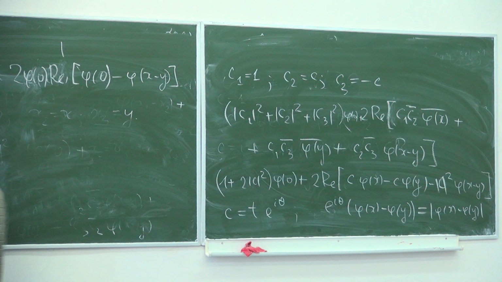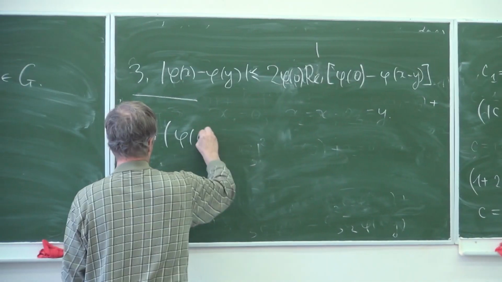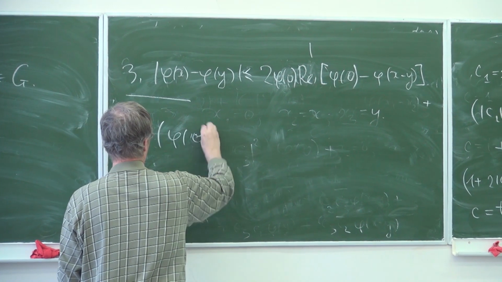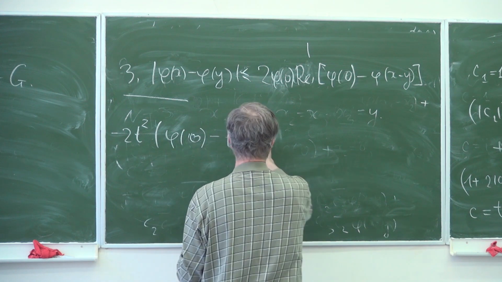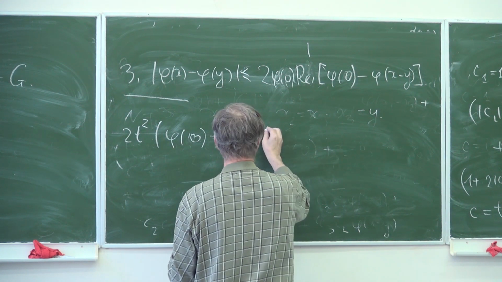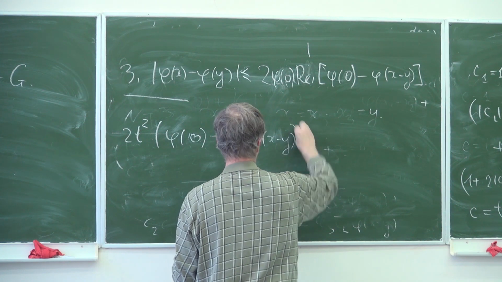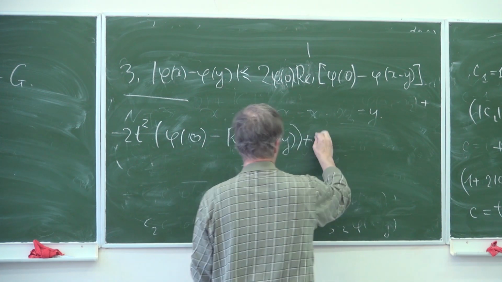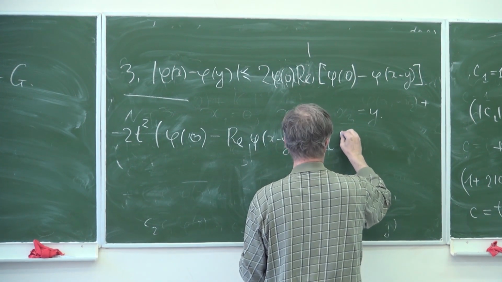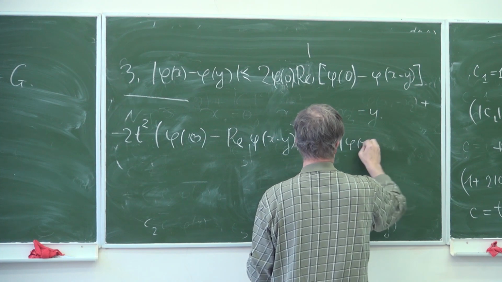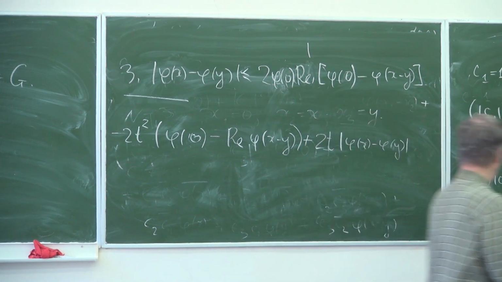So 2t squared phi of 0 minus the real part of phi of x minus y, plus 2t times the absolute value of phi of x minus phi of y. So this is by the choice of theta.